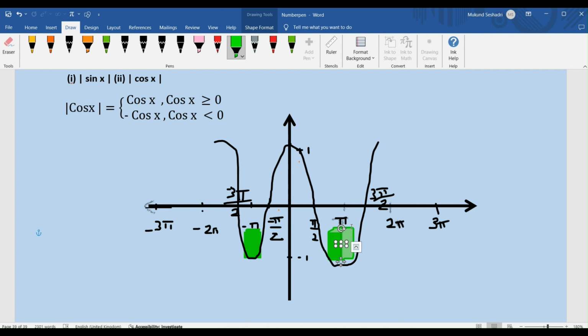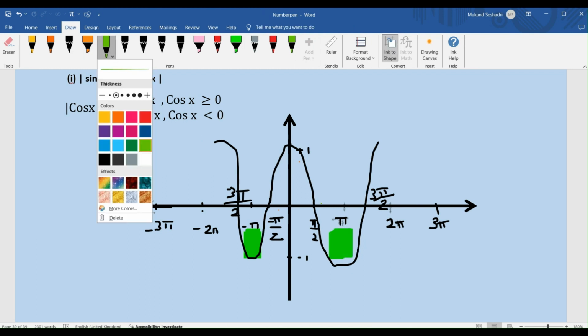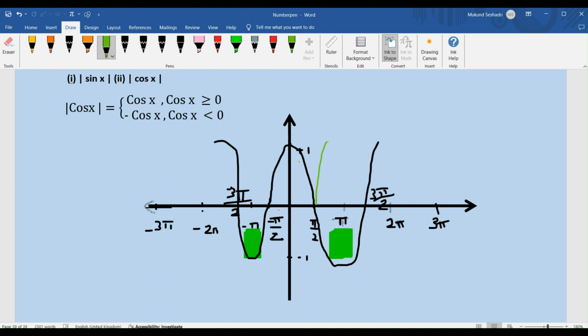Because my mod cos x function is always positive, right? So what happens? This portion, which is highlighted in green, is going to look like this in my mod function, and similarly in the negative direction of x as well, right? So that's how it's going to look.